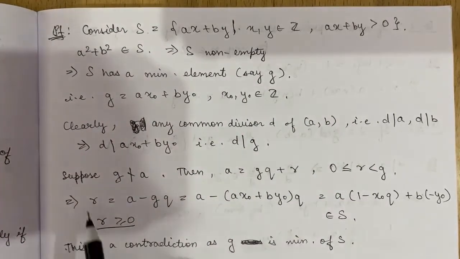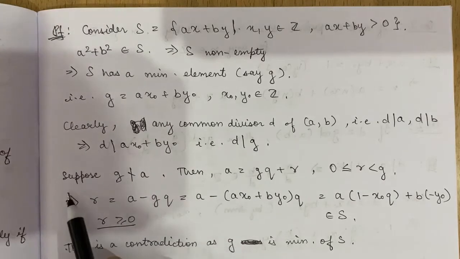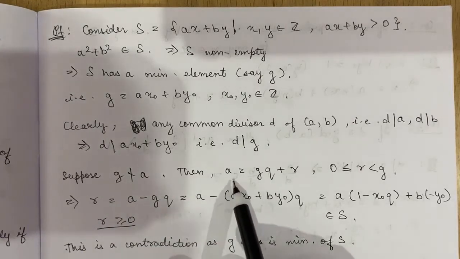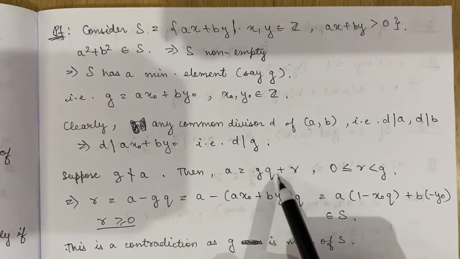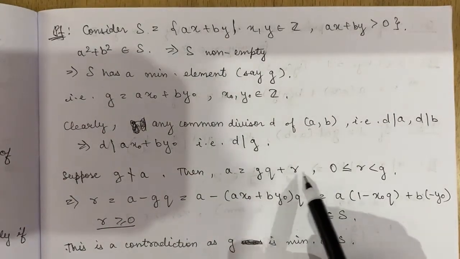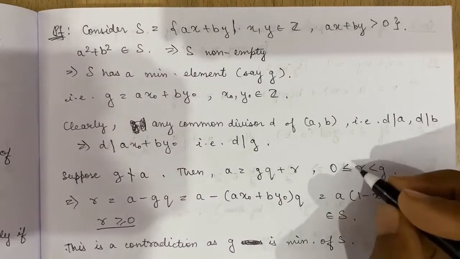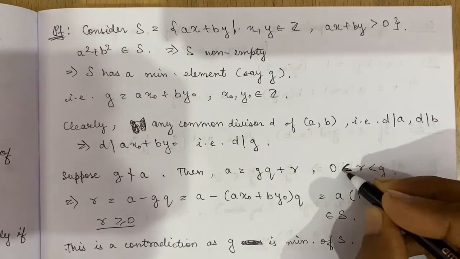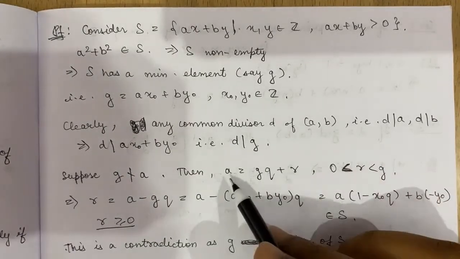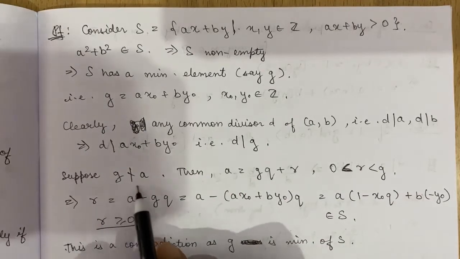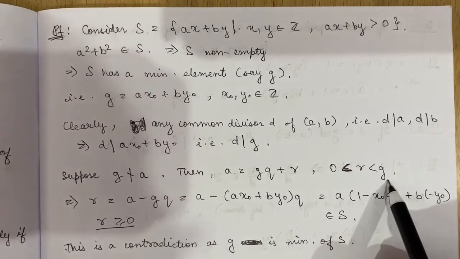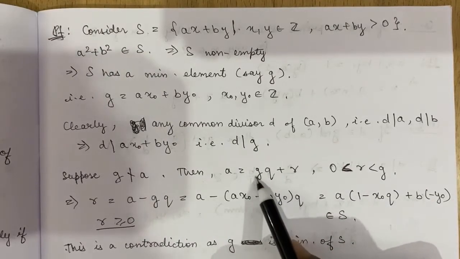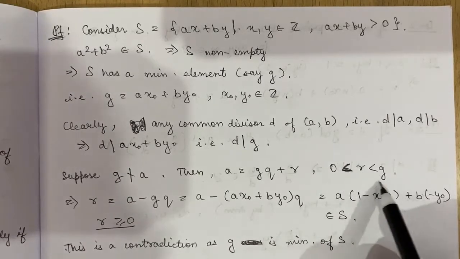So let's try to show that G divides A. We'll proceed by contradiction. Suppose G does not divide A, then G would leave a remainder when dividing A. So A equals GQ plus R, such that 0 is less than R less than G, a strict inequality. If R is 0, then G would divide A, but we have assumed that G does not divide A. G is the divisor here, so R less than G is the required inequality.